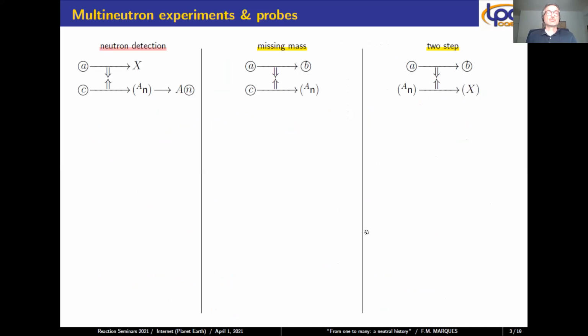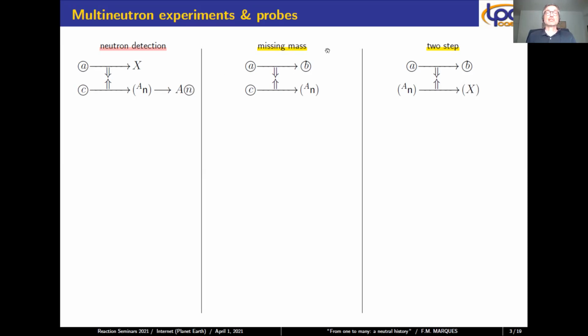In this review, we have gone through a lot of experiments, and I try to class them in 3 categories. The first one is neutron detection. So you are going to do a nuclear reaction trying to produce a multineutron, and then you can try to detect the multineutron or neutrons from its decay or its breakup.